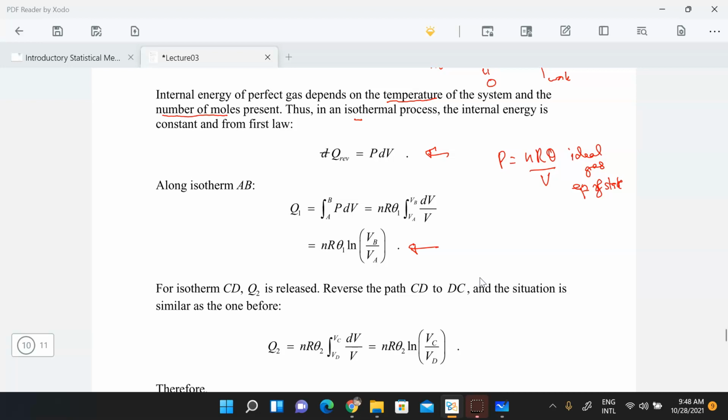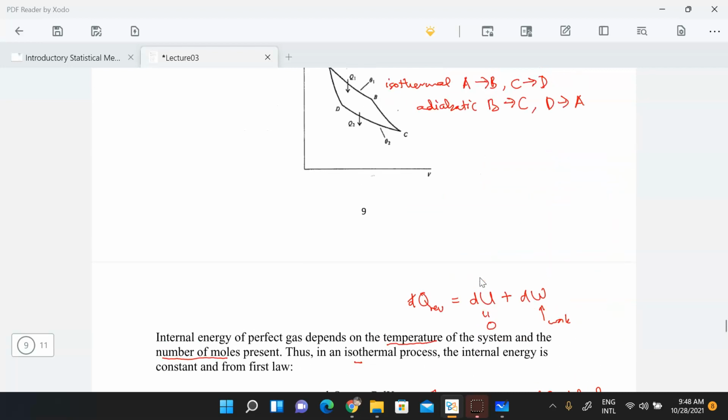Then to counter that negative Q2, I just simply reverse the path again. Instead of going from C to D, which is the process that you do in the cycle, I'm just considering, just like the previous case, A to B, and here it will be D to C, and this becomes Q2 going into the system.